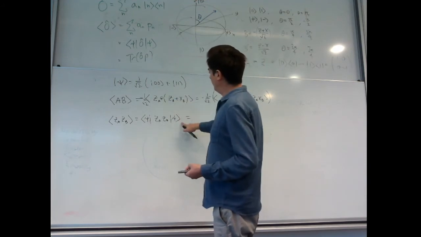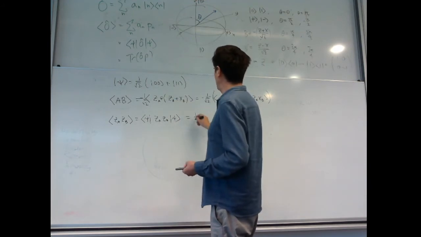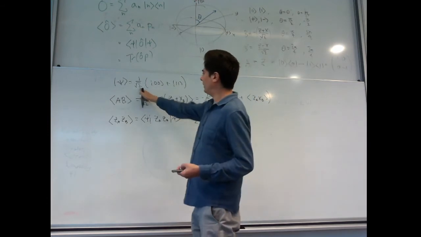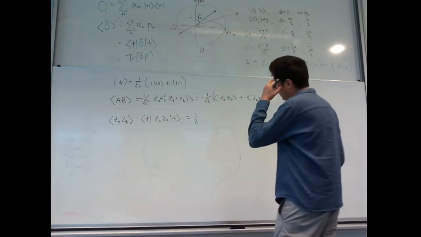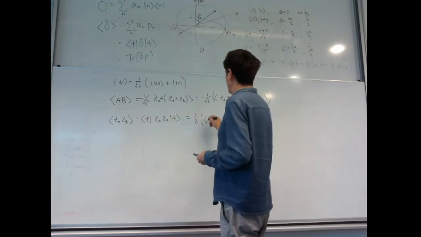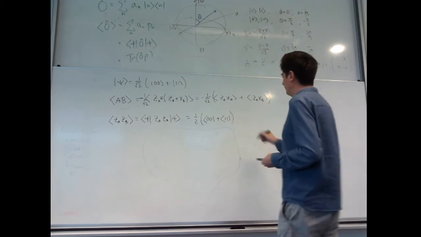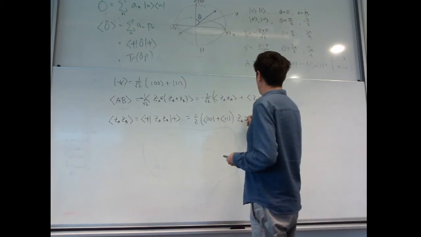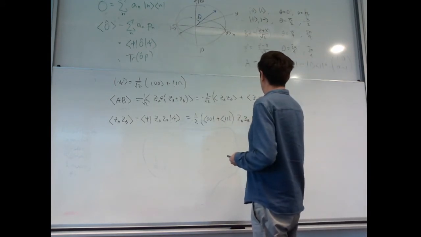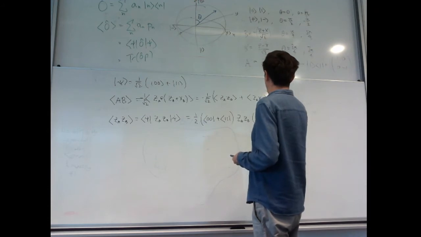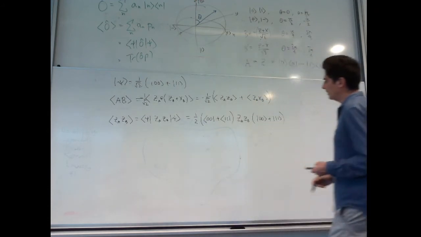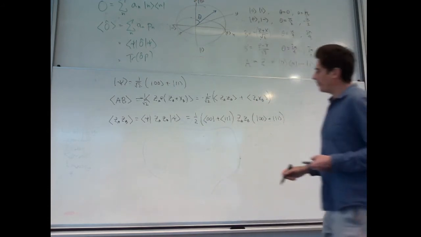Over here, this goes in twice, so there's a factor of 2 of these 1/√2s, and these things are bras as usual. Like this.